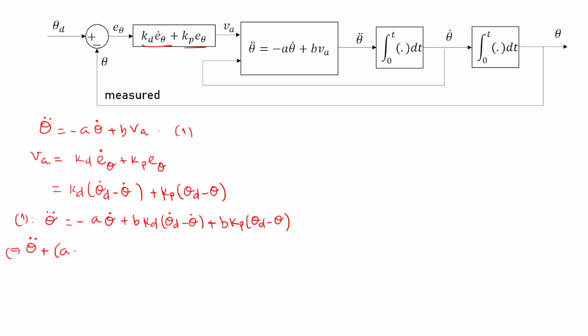So here we have theta double dot plus (a plus b KD) times theta dot plus b KP theta equal to b KD theta D dot plus b KP theta D.